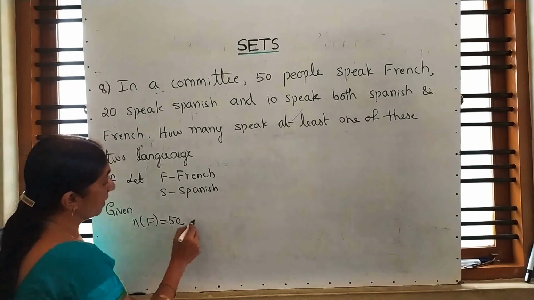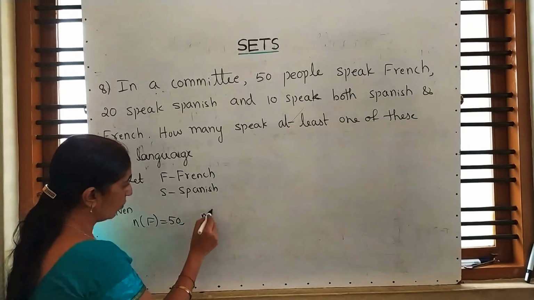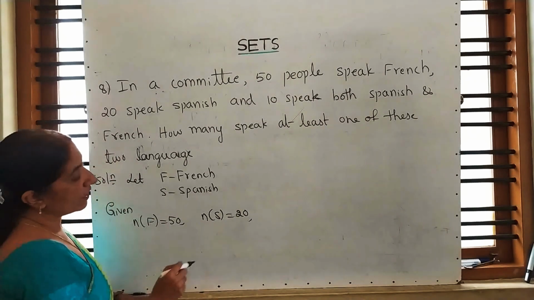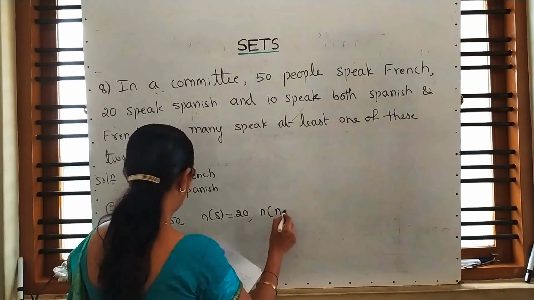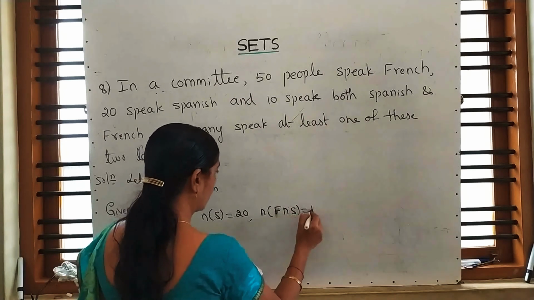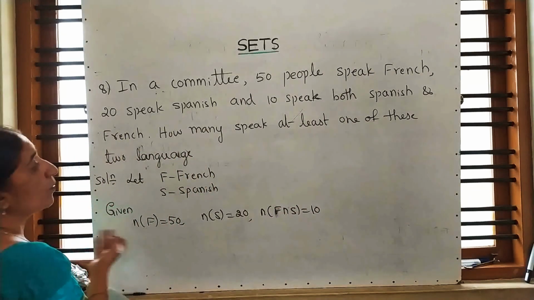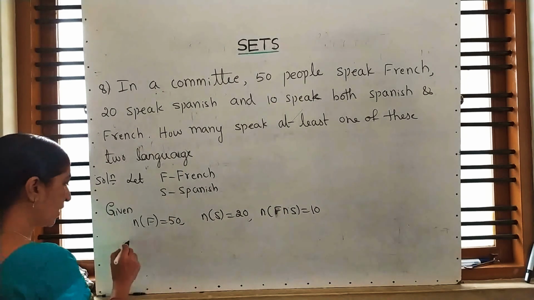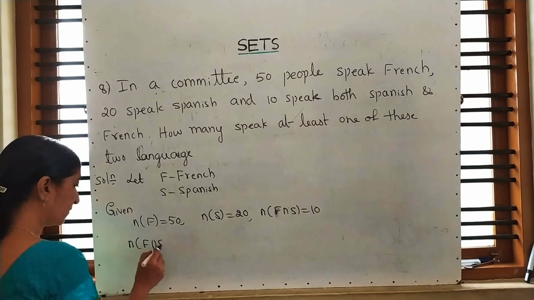And 20 speak Spanish, the number of people who speak Spanish is 20. 10 speak both, the intersection. And they are asking how many people speak at least one of these two languages. Means we have to add. They are asking their union.